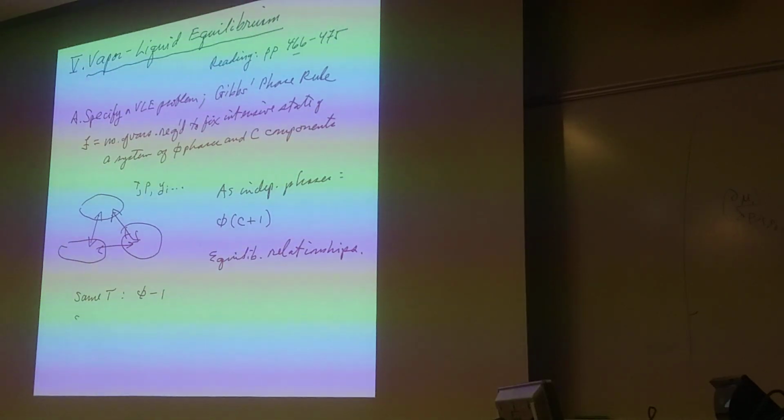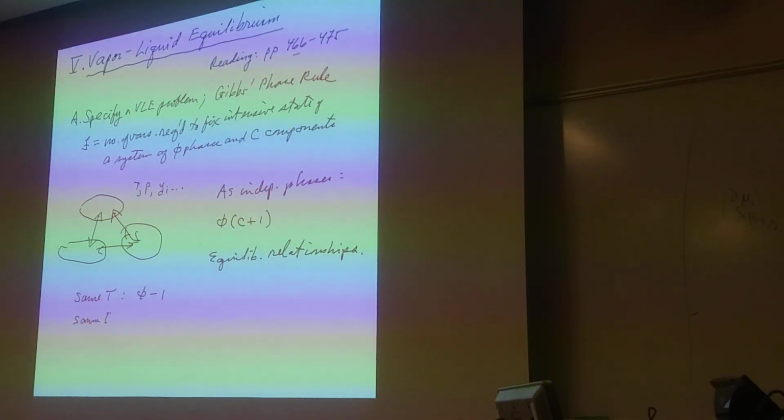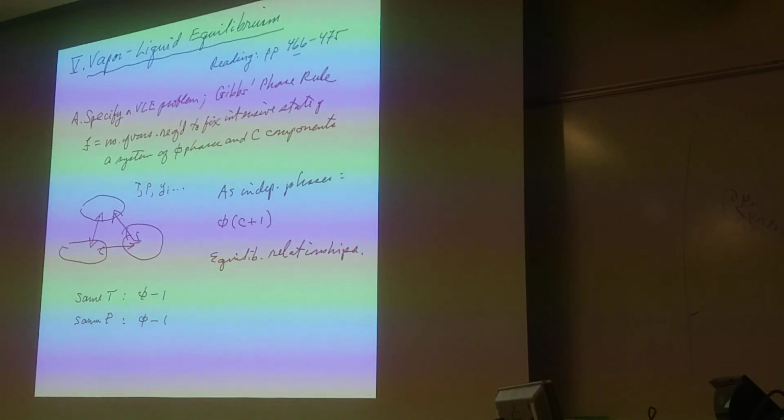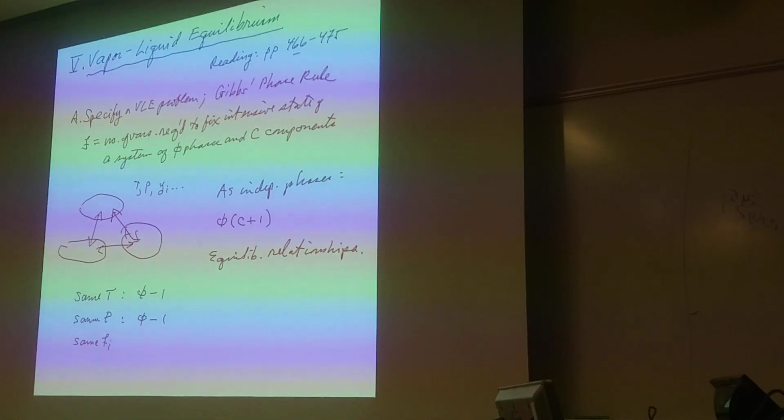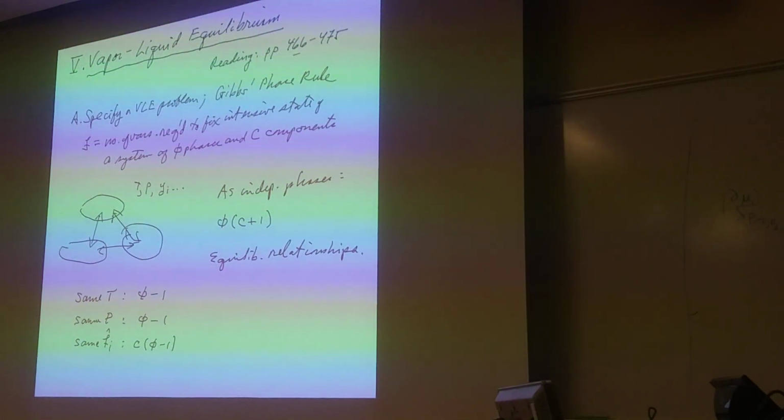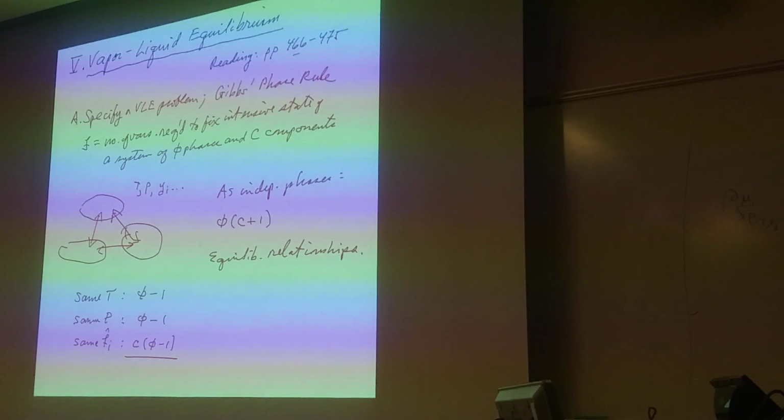They all have to be at the same pressure. It's going to be another P minus 1 equations. And if they're going to be in equilibrium, then they have to have the same values of fugacities of all of the components in all of these phases, so that's going to be C times (P minus 1) to give us a grand total of the number of relationships here equal to, if I can put this up, (C plus 2) times (P minus 1).